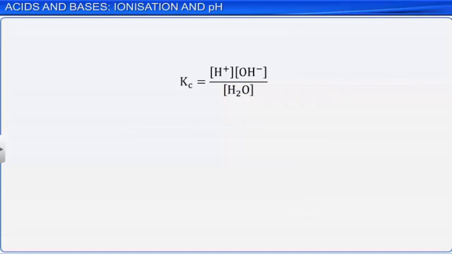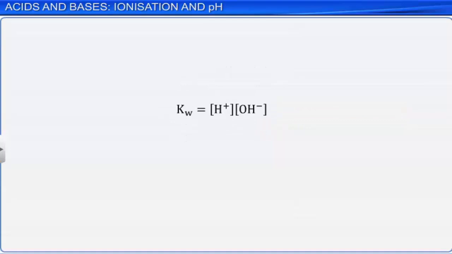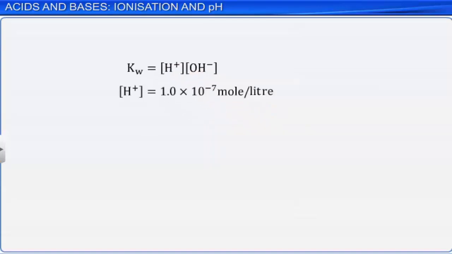Thus, the concentration of H2O can be incorporated in the value of Kc to give a new constant, Kw, called the ionic product of water. The ionic product of water, Kw, at a given temperature is defined as the product of the concentrations of the H+ and OH- ions in water or in aqueous solutions.